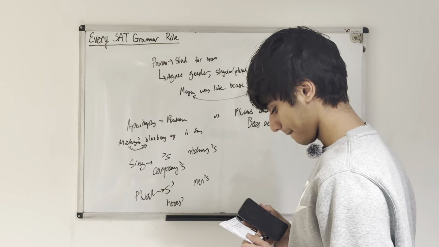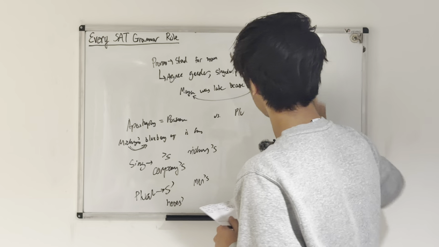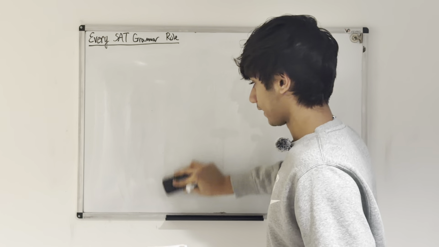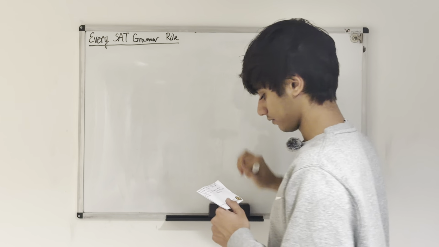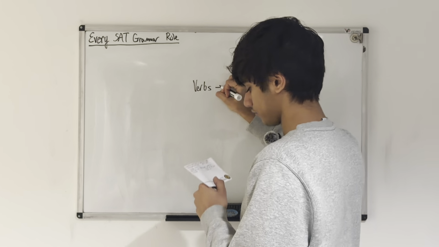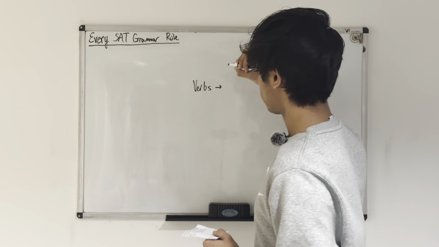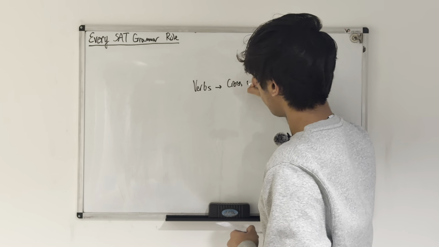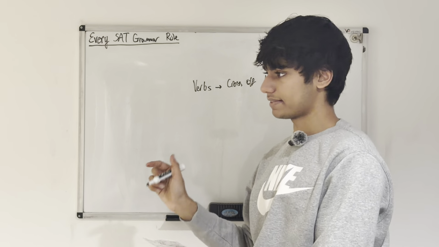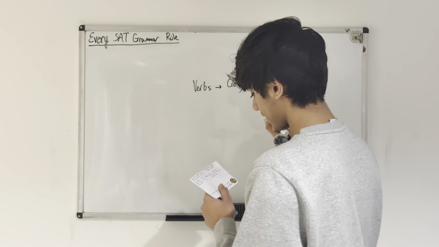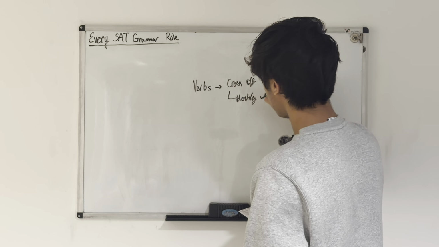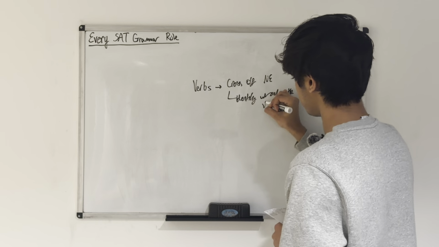And then finally, we have verbs. And the trick with verbs is that all the rules we learned before can help you figure out these verb questions. Whenever you're looking at a verbs question, it can get a little tricky, but the idea is you want to make sure that you read the sentence, cross off non-essential clauses, because that helps you identify the main subject and the main verb, and then identify what this verb has to agree to.